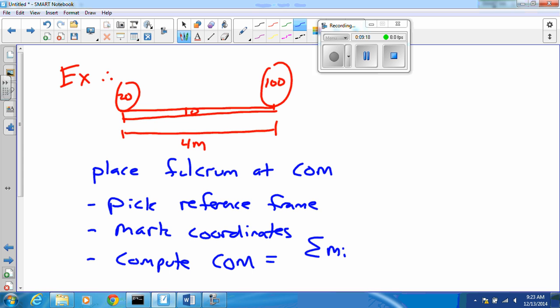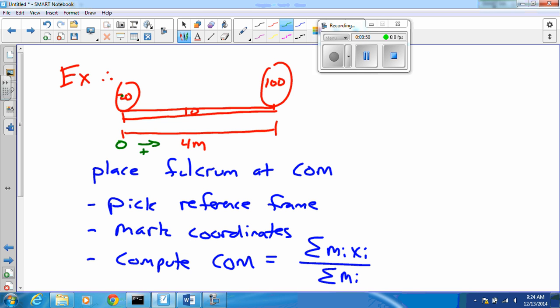And then we're going to compute the center of mass, which is going to be the sum of mass times position divided by the sum of all the masses. Just like that. So in our particular example, we're going to start by picking an origin. It makes sense to pick the origin on the left so that we can make the direction this way be positive. So there's our reference frame.